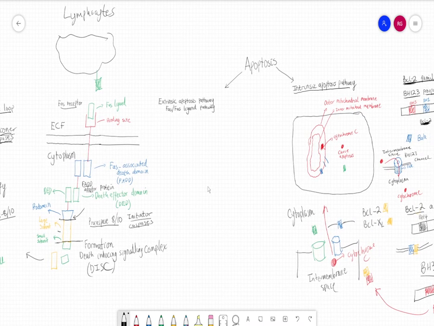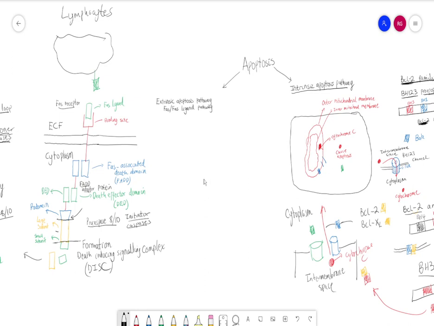So cytochrome C is actually going to bind to yet another protein, and that protein I'm going to draw here. So here's our cytochrome C, which I now shorten to cyt-C. It's going to bind to our apoptotic protease activation factor 1, shortened to APAF1.